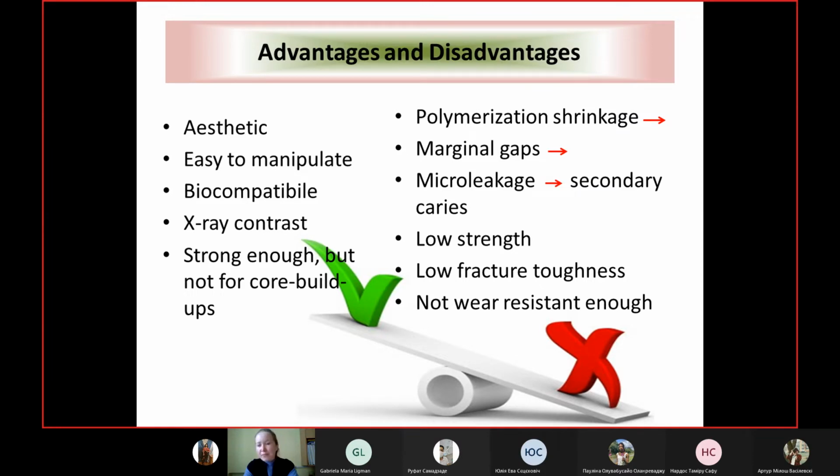Low strength, low fracture toughness, and they are not so wear resistant as ideal restorative material should be. But still they are good material for restoration, and basically they are famous in restorative procedures due to a lot of positive qualities they are possessing.